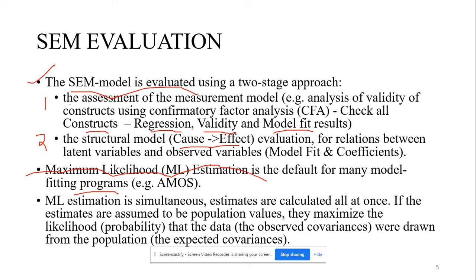If the estimates are assumed to be population values, they maximize the likelihood, which is the probability that the observed covariances are drawn from the population, the expected covariances. So the likelihood is maximized, so that the observed variances are as close as possible to the expected variances.